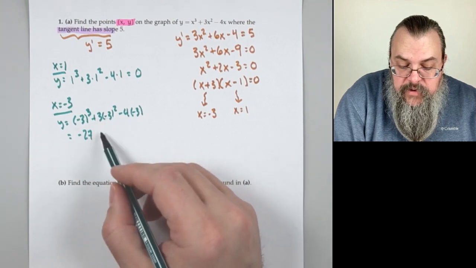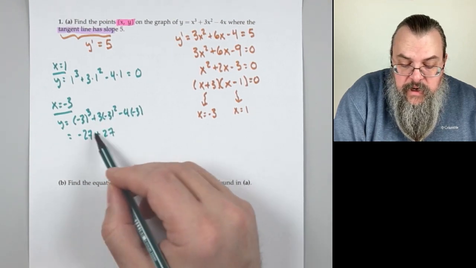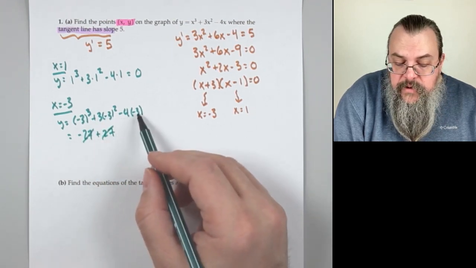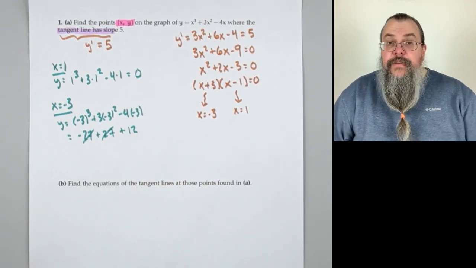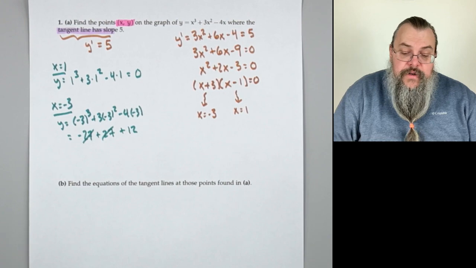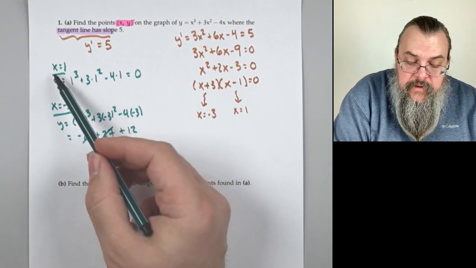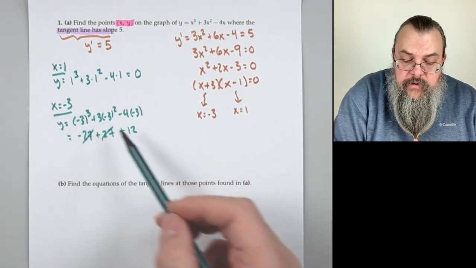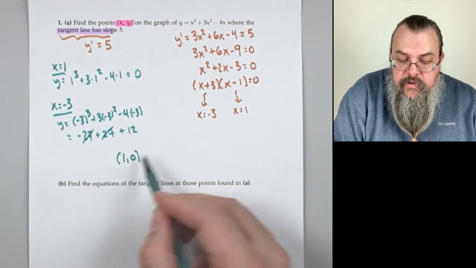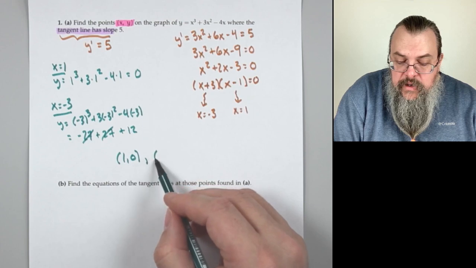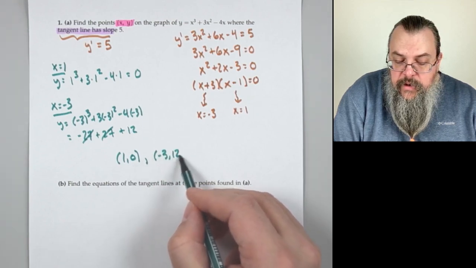Here you get 3 times 9, which is plus 27. Aha, those cancel. Minus 4 times minus 3 is 12. So we get 12. Now we have our x, y pairs. It turns out there are 2 points: (1, 0) and (-3, 12).